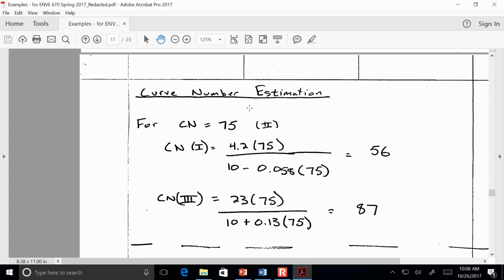Anybody else get this same 0.47? All right, so that's with the curve number 56.